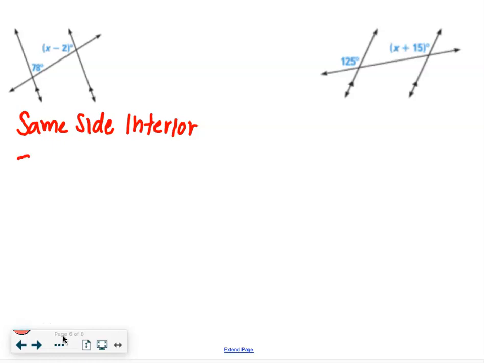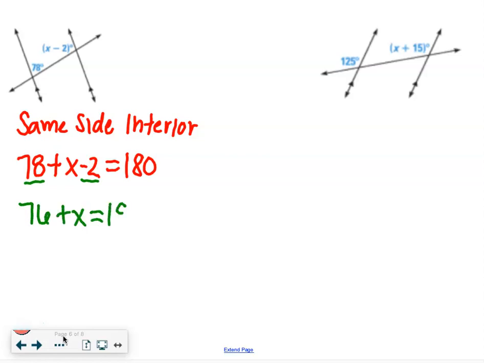So I'm going to write 78 plus x minus 2 equals 180. And now we just simplify. Combine our like terms. 78 minus 2 is 76, plus x equals 180. Subtract over our 76. So we have x is equal to 104.